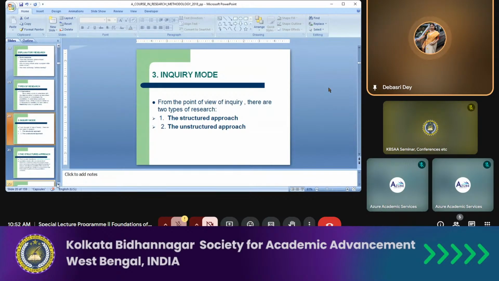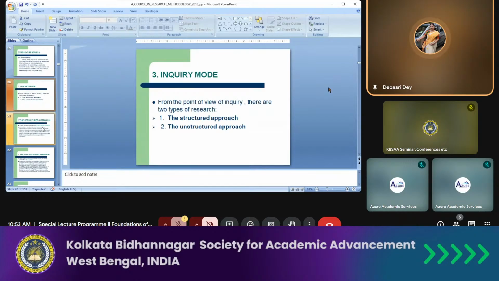So before or while in your exploratory phase, there is one more thing you have to give stress to: whether you go for a structured approach, which is a proactive approach, or the unstructured one, which is a reactive approach.